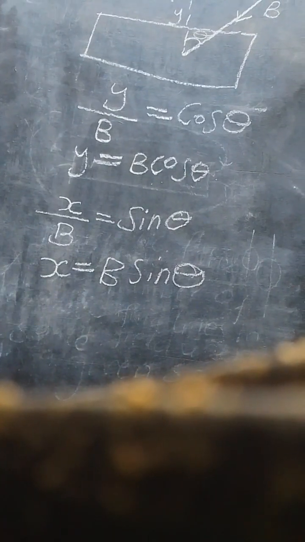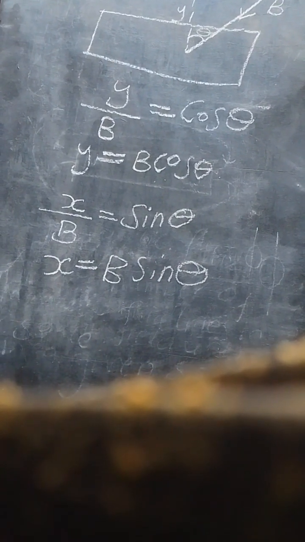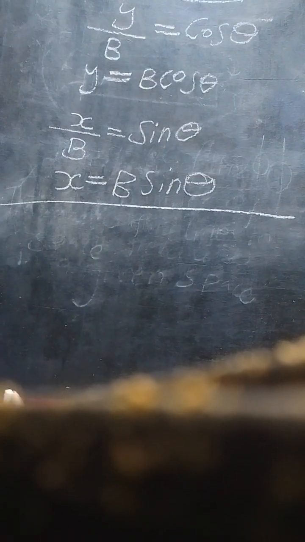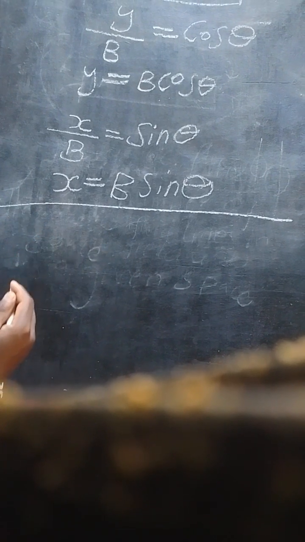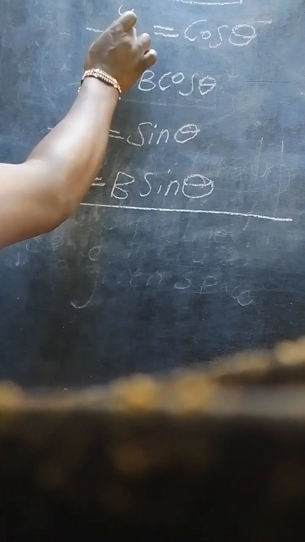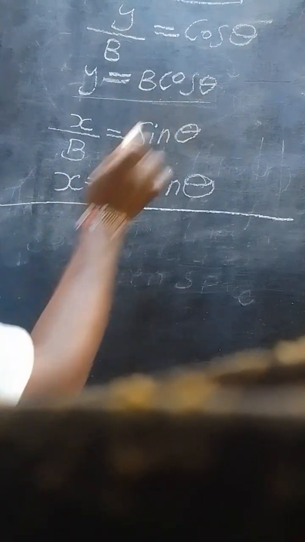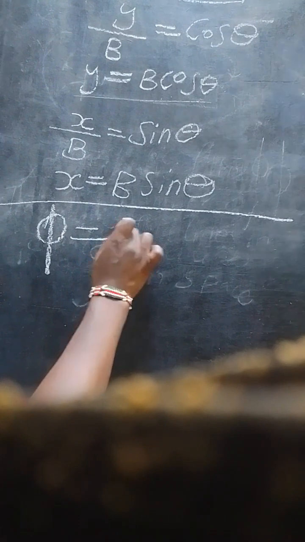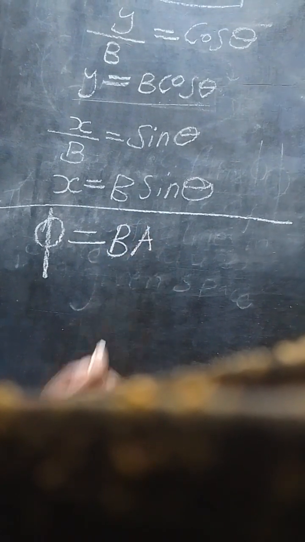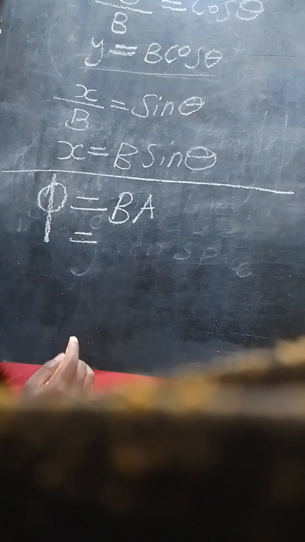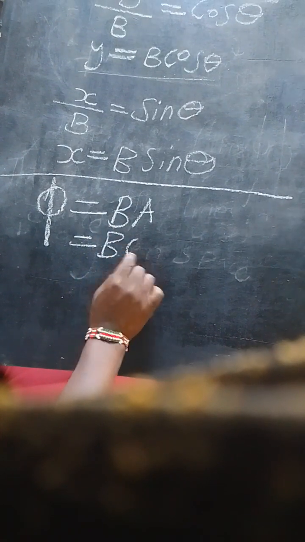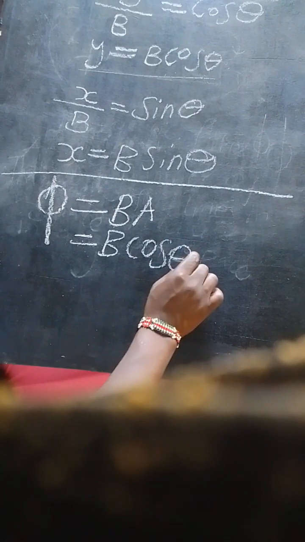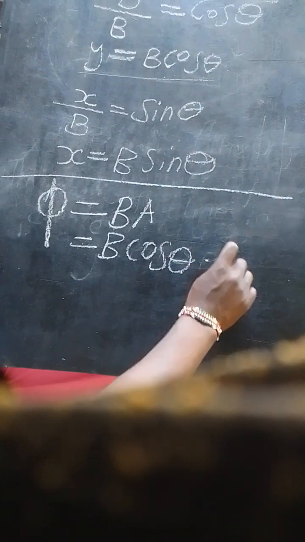So calculating the magnetic flux for each case, let's talk about magnetic flux in the vertical component. We said the magnetic flux is equal to B times area, and our B here is B cos theta, times the area.